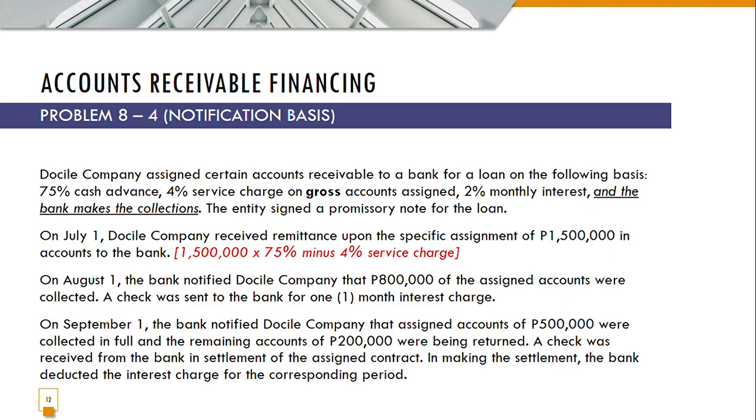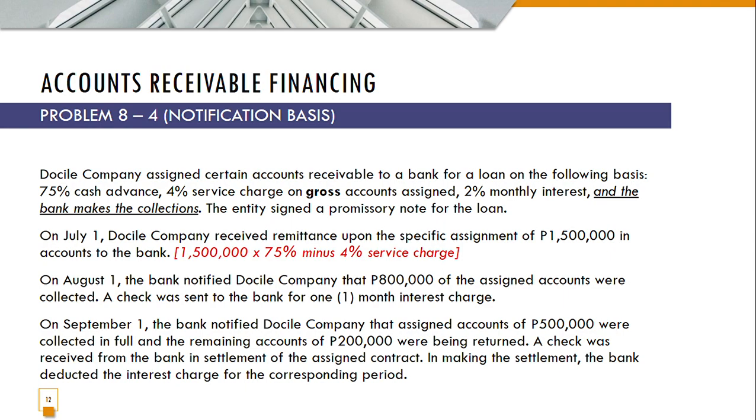So on July 1, the company received remittance from the specific assignment of 1.5 million in accounts to the bank. So 1.5 means 1.5 million of your accounts receivable has been assigned. So what you actually receive is just 1.5 million times 75% advance minus 4% service charge. On August 1, the bank notified the Docile Company that 800,000 of the assigned accounts were collected.